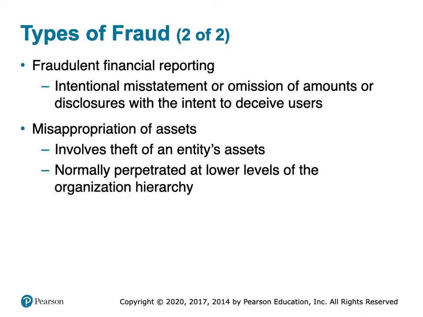In the case of something like Enron, you were keeping entities off the books so that the financial statement user didn't know about all these obligations, or the fact that you were recording income from phantom shell companies or selling worthless assets to phantom shell companies and recognizing gains. That's intentional misstatement or omission.